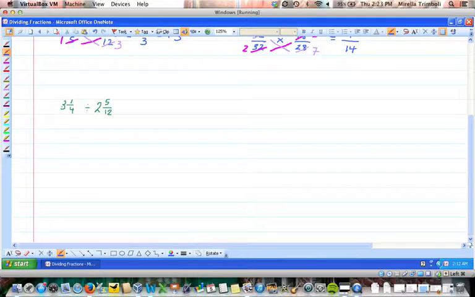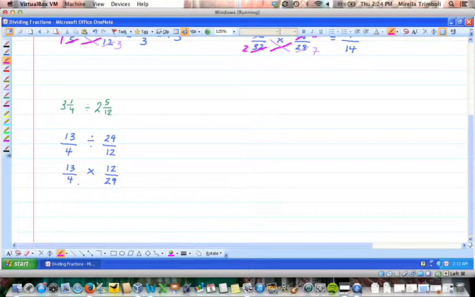So 4 times 3 is 12, plus 1 is 13 over 4, divided by 12 times 2 is 24, plus 5 is 29. Now, we need to change it into a multiply by flipping the second. So we have 13 over 4 multiplied by, flipping, we get 12 over 29.